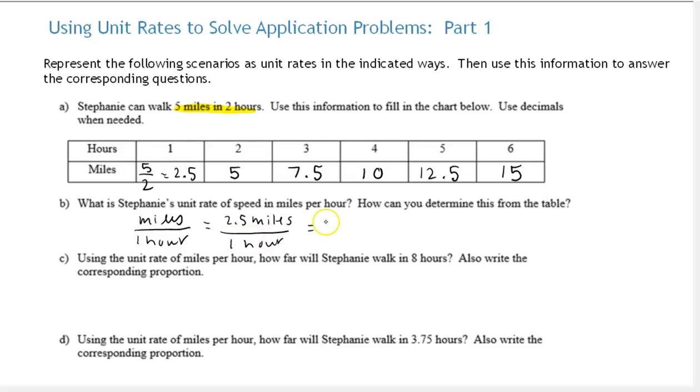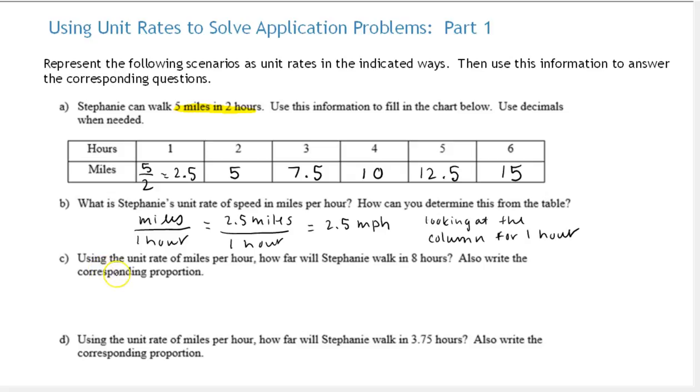And our shorthand for this is 2.5 mph, which means miles per hour. And we determine this from the table by looking at the column for 1 hour.